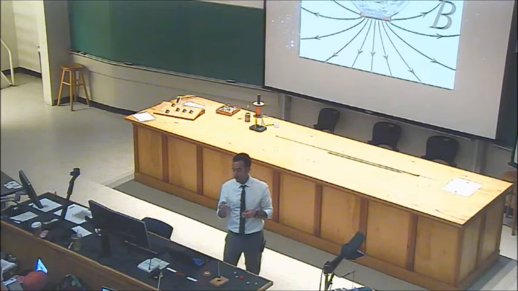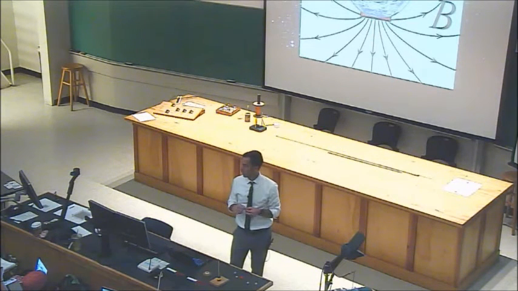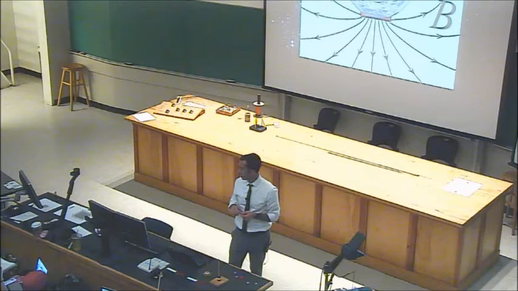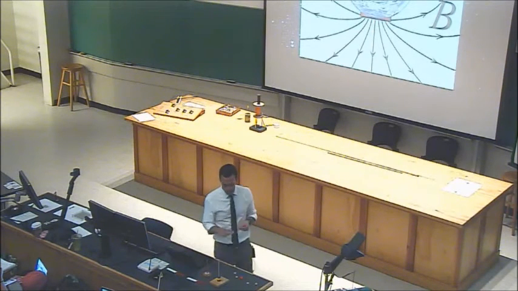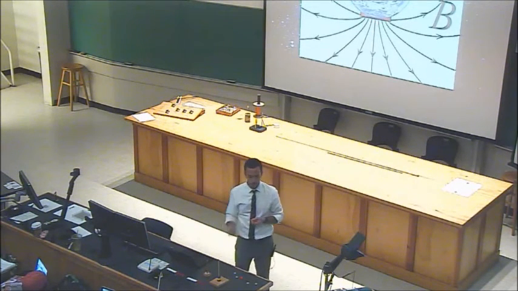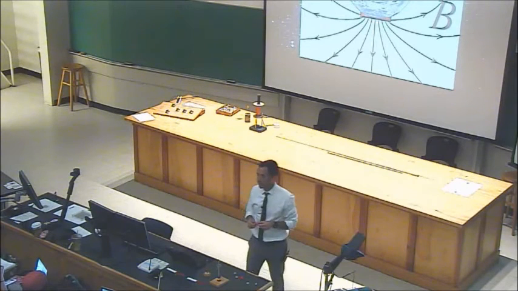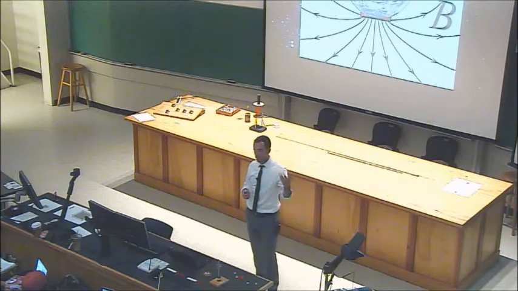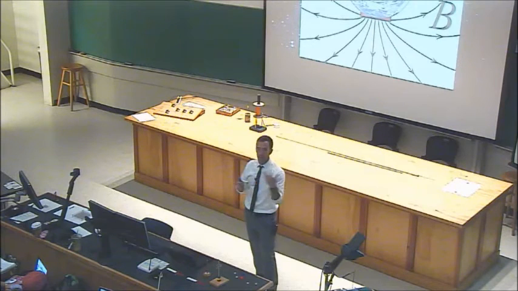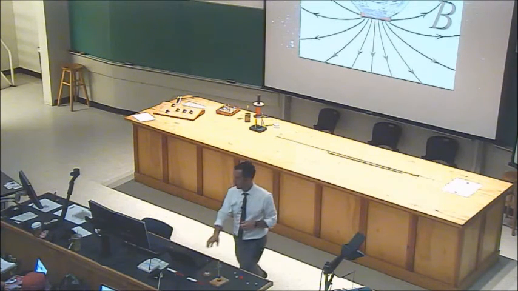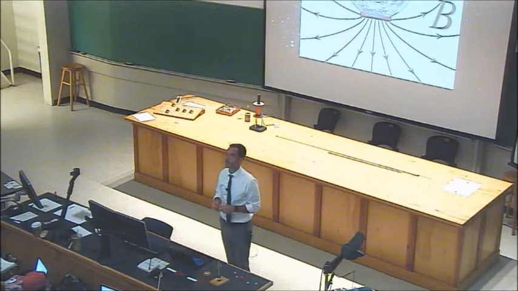So Earth's magnetic field is not terribly strong. I'm trying to think of any places you see its result other than compasses. I can't think of one right now. It's pretty weak, just because the amount of current flowing is not strong enough to make it big, and we're far away from it. Yeah, good question.